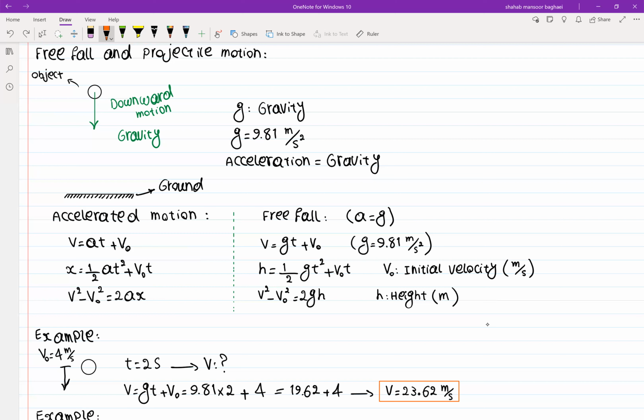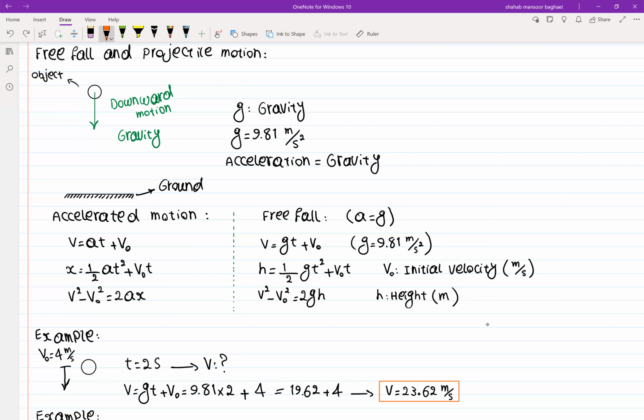If everything is the same for your experiments close to the Earth and close to the moon, there is a quantity here which is different. Close to the moon, you have different gravity, and gravity is 9.81 over 6. And if you have lower gravity, it means you have lower velocity for your falling object.